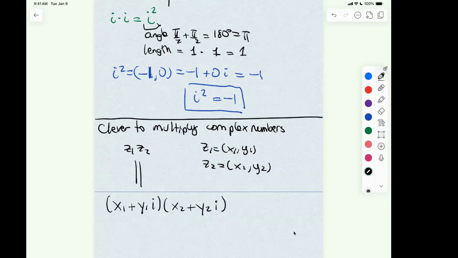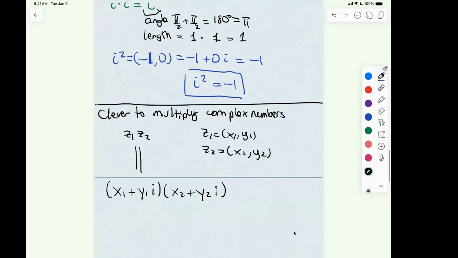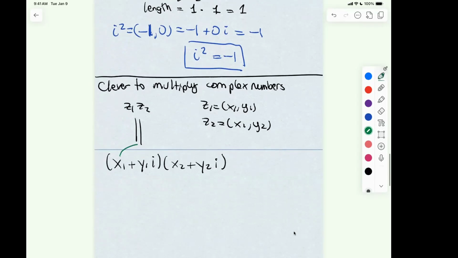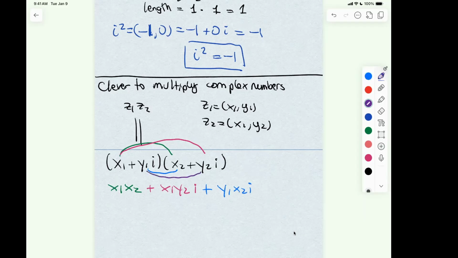And then I'll just distribute. I'll do the first with the first, so it's x1 x2. Then the first with the second, so that would be x1 y2 i. Then the second with the first, which will give me y1 x2 i. And then the second with the second, which will give me y1 y2 i squared, right?